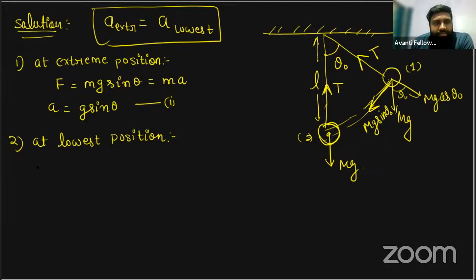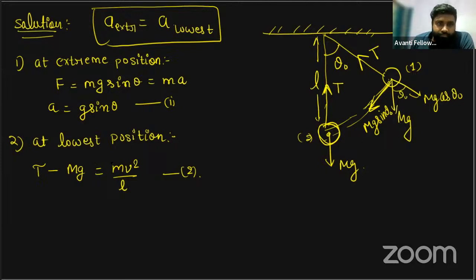So we will write that T minus mg equals what? mv square upon L. This is equation number 2. So what we are going to do, we have to equate, because from this equation we are not getting the value of acceleration here.